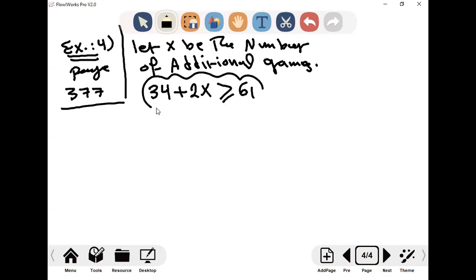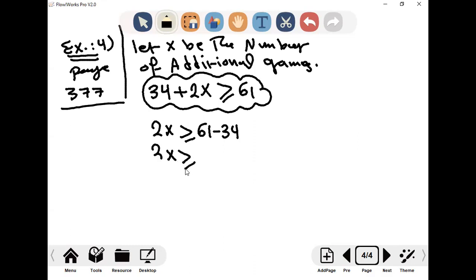This is the inequality, a 2-step inequality. Solve it: 2x more than or equal to 61 minus 34, so 2x more than or equal to 27, divided by 2, divided by 2. x more than or equal to 13.5.